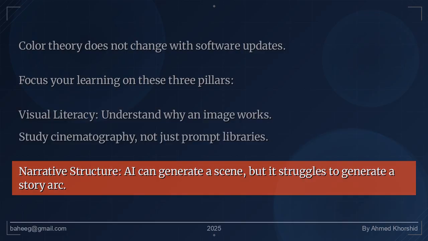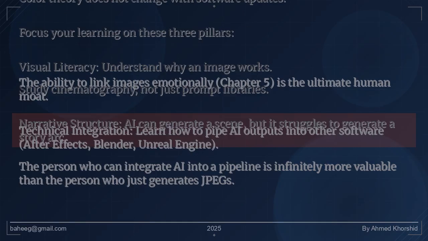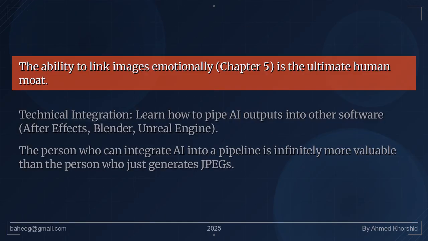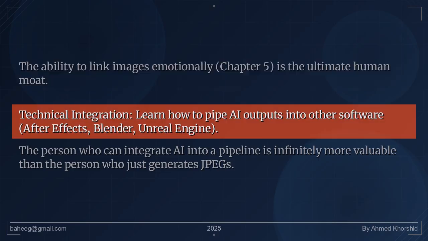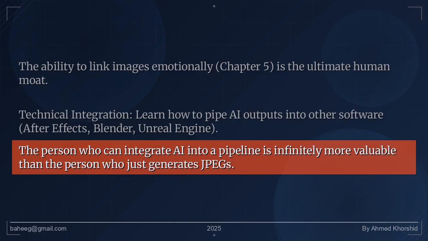Narrative structure. AI can generate a scene, but it struggles to generate a story arc. The ability to link images emotionally, Chapter 5, is the ultimate human moat. Technical integration. Learn how to pipe AI outputs into other software: After Effects, Blender, Unreal Engine. The person who can integrate AI into a pipeline is infinitely more valuable than the person who just generates JPEGs.